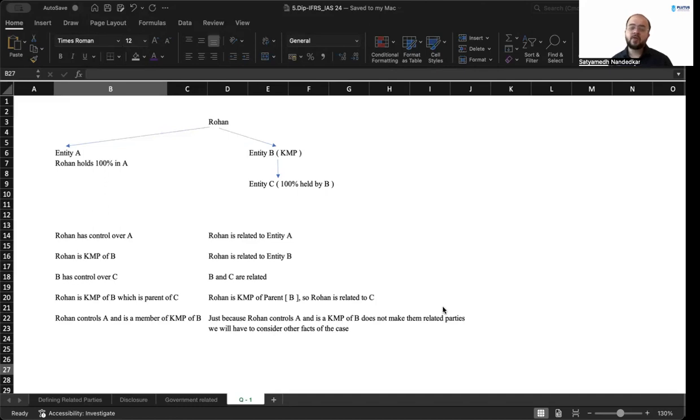A question exclusively focused on this is not going to be asked in the exam. It is a disclosure related standard. Some information from this might get tested in some form or the other. But independently, a question only on related parties is rare. It's not going to be tested that way.